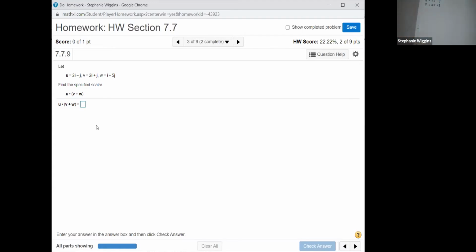And then W equals i plus 5j. All righty. We want to find U dot V plus W.